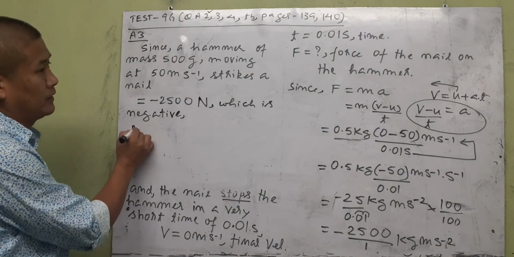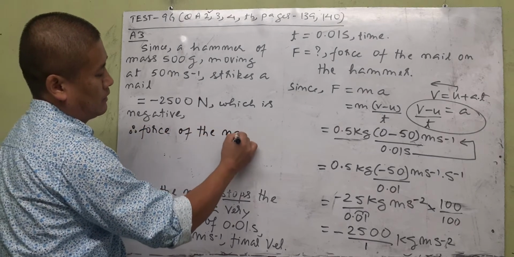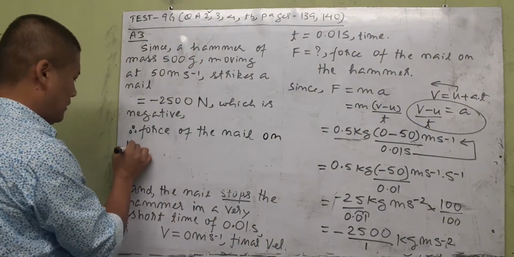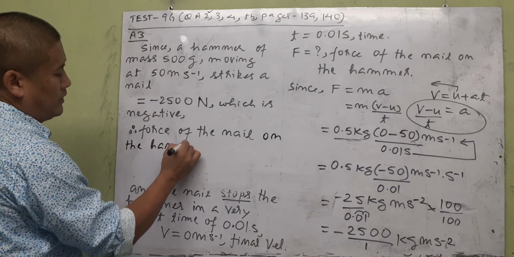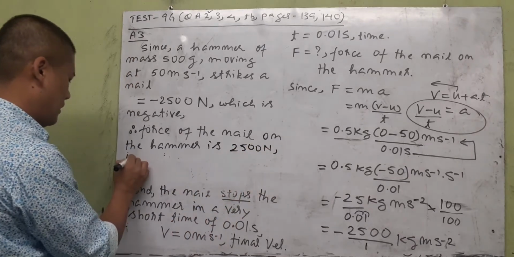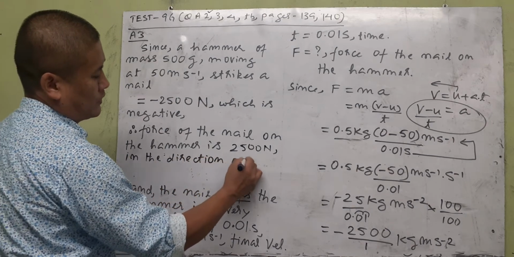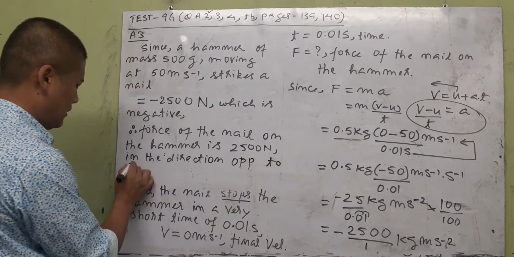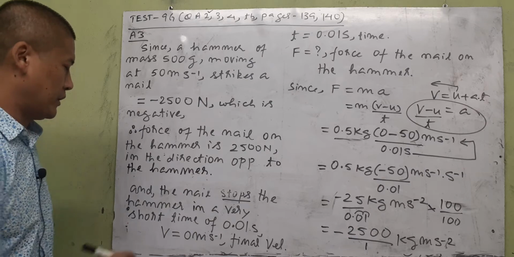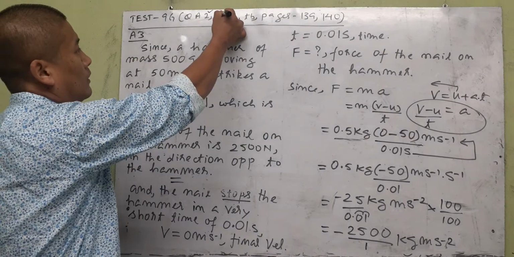Therefore, F here, force of the nail, as you can see from text, or here also, nail on the hammer is 2500 Newton, comma, because it is negative, in the direction opposite to the hammer. That means opposite to the direction of the motion of the hammer. So that is the answer. Right, now we'll do the next question in the next class 4. Okay.